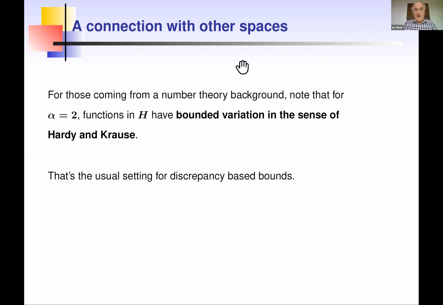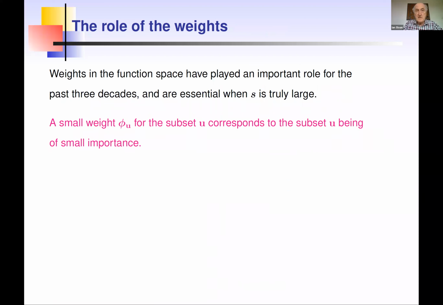For those of you coming from number theory, for alpha on 2 functions in H, they have one mixed derivative. You can differentiate once with respect to each variable. So it's a space of dominating mixed smoothness of order 1, and all those functions have bounded variation in the sense of Hardy and Krause, with the usual setting for discrepancy-based bounds. So not a surprising space in that sense.